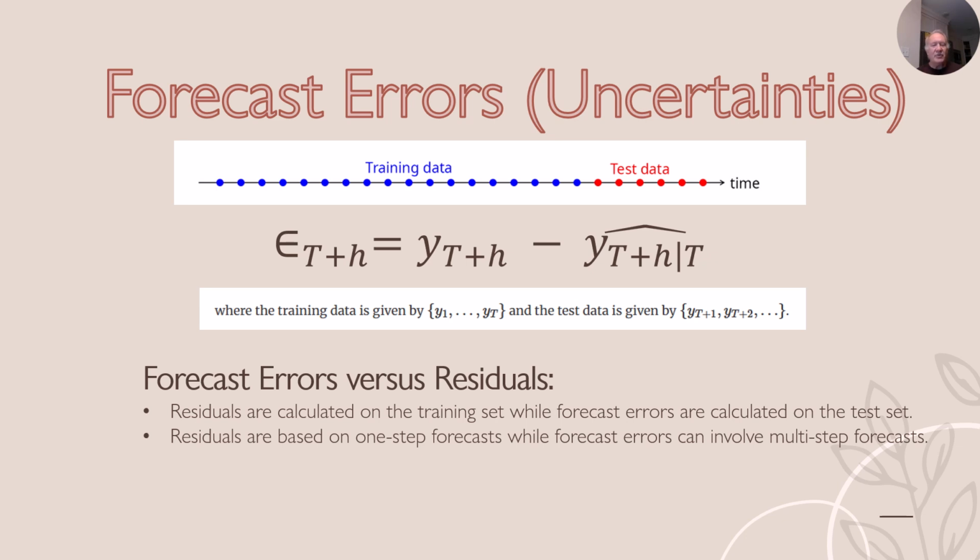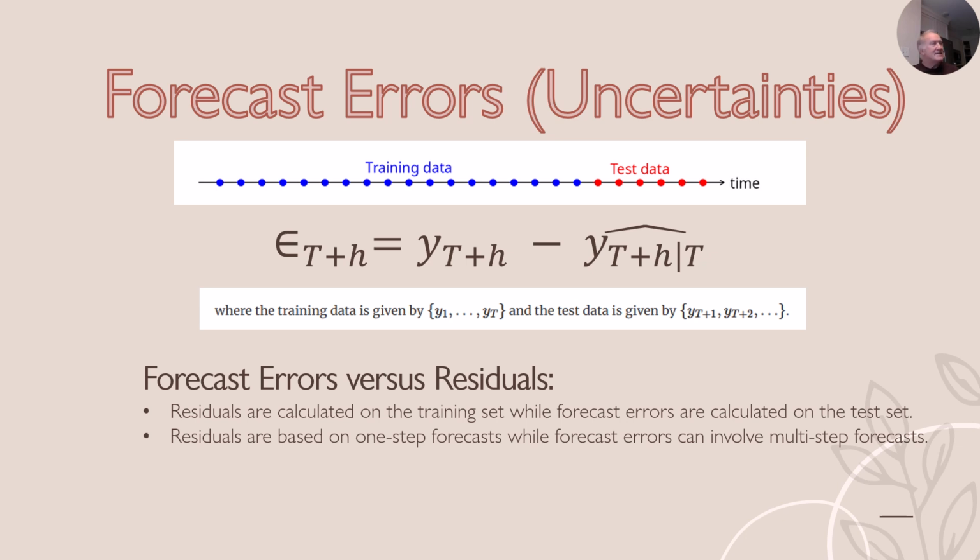So these residuals are calculated in the training set, while forecast errors are calculated on the test set. So the residuals are based on a one-step forecast, while the forecast errors can involve multiple steps.